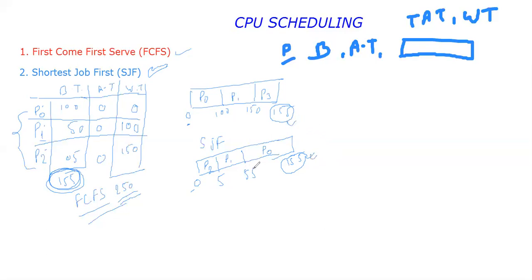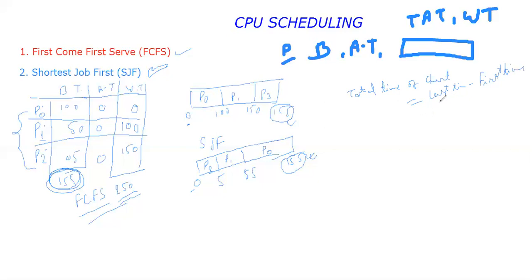And that is also one trick: if you want to check whether you have designed your chart properly or not, your total time of the chart is equal to last time minus first time.